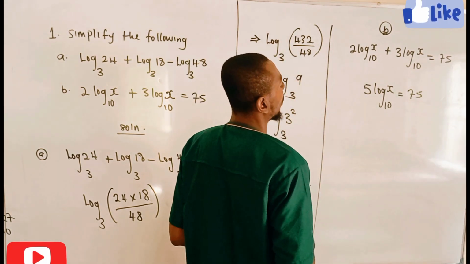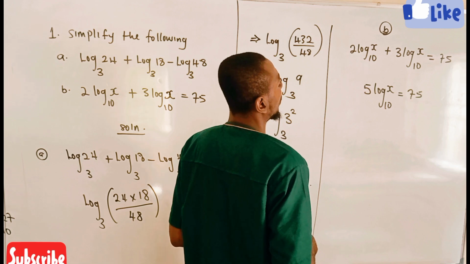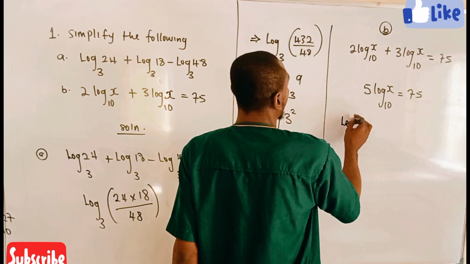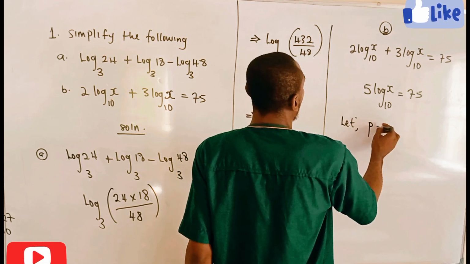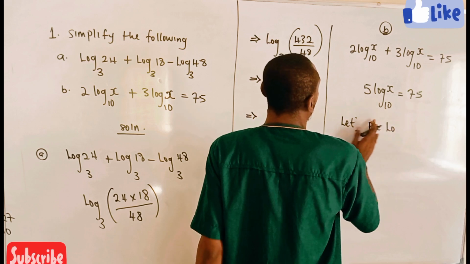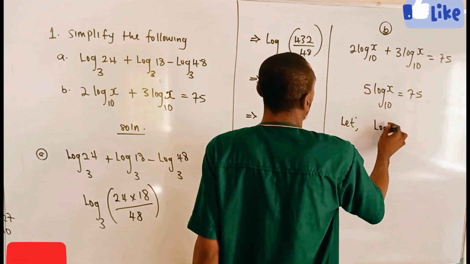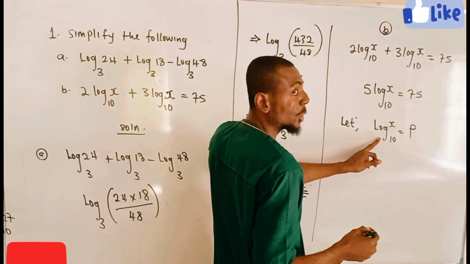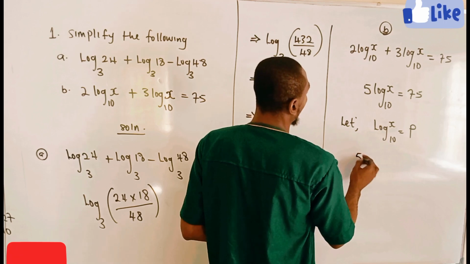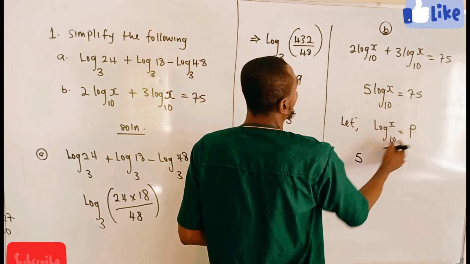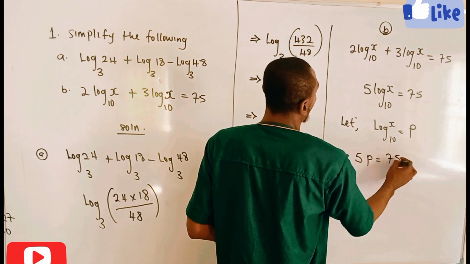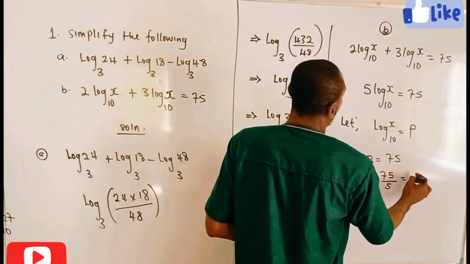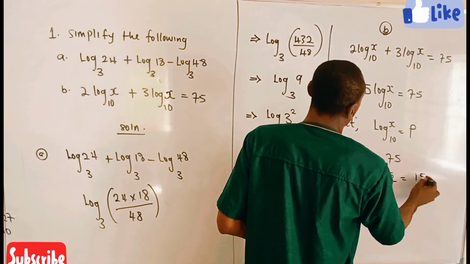The next thing we're going to do is let log x to base 10 equal to p. As far as this condition is concerned, I'm going to have 5, then log x to base 10 is now p. 5p is equal to 75. So that p is equal to 75 divided by 5, which is equal to 15.